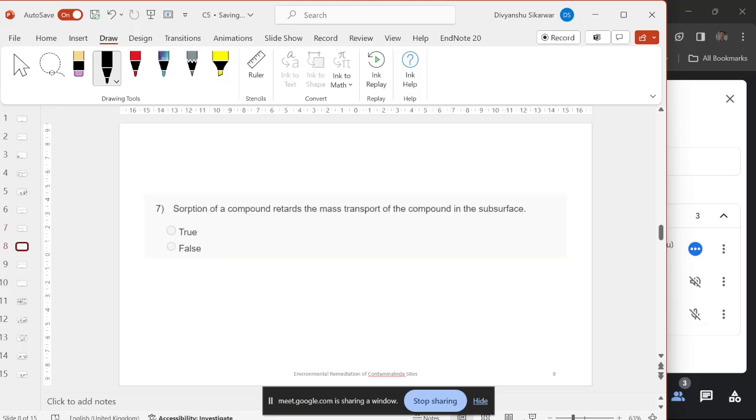Next problem. Absorption of a compound retards the mass transport of the compound in the subsurface.